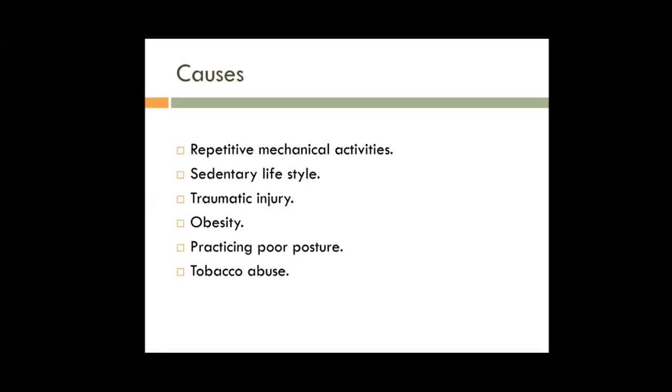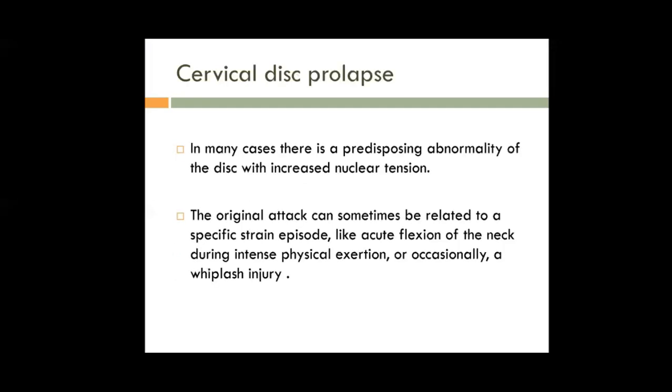Obesity, it increases the risk because it increases the intradiscal pressure. Practicing poor posture also increases the intradiscal pressure and with variation of the distribution of your weight and gravity upon the intervertebral disc. And also tobacco use because of repeated coughing, that will cause also increase the intradiscal pressure.